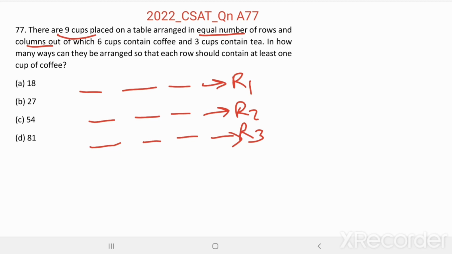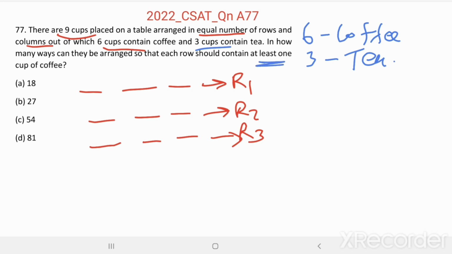Then 6 cups contain coffee. Out of 9, 6 cups contain coffee. Then the remaining 3 contain tea. Then in how many ways can they be arranged so that each row contains at least one cup of coffee?